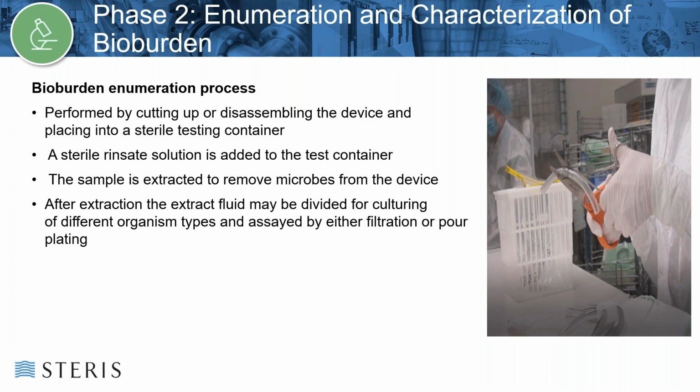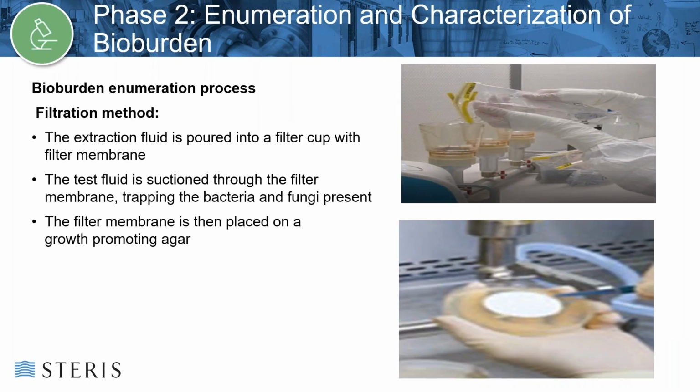The extract fluid will generally be assayed by either filtration method or pour plating method. For the filtration method, the extraction fluid is poured into a filter cup with a filter membrane in place. These are located on a filtration manifold. A vacuum is applied and the test fluid is suctioned through the filter membrane, trapping bacteria and fungi present on the filter membrane.